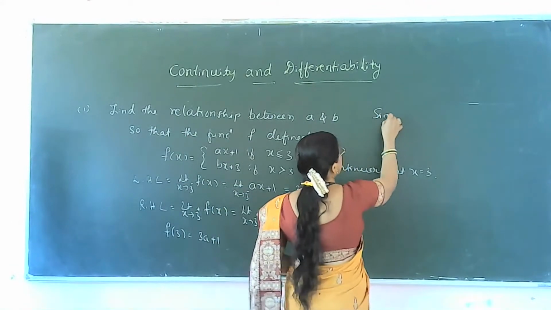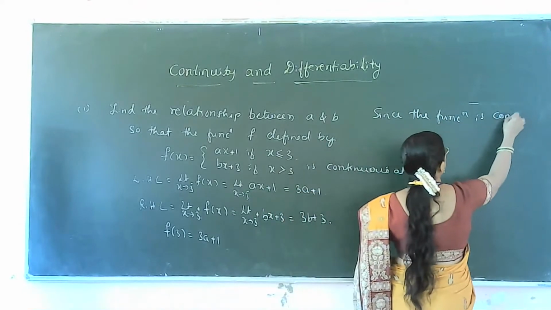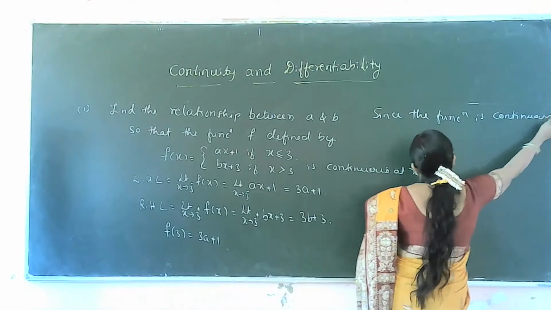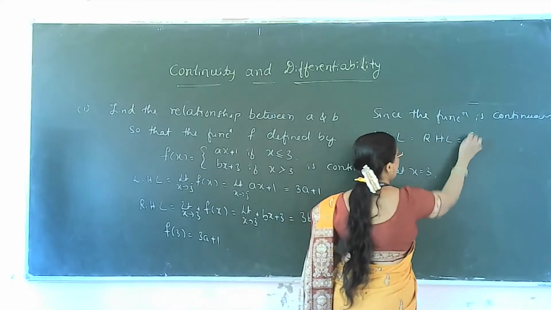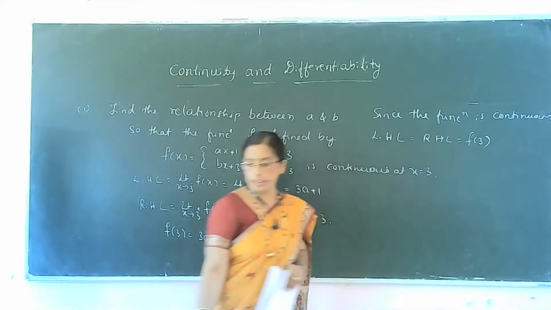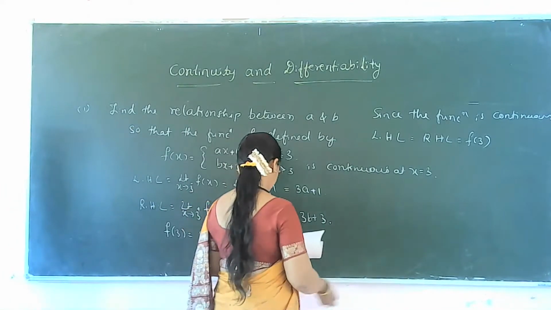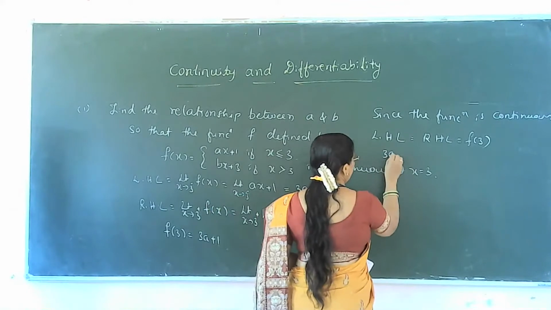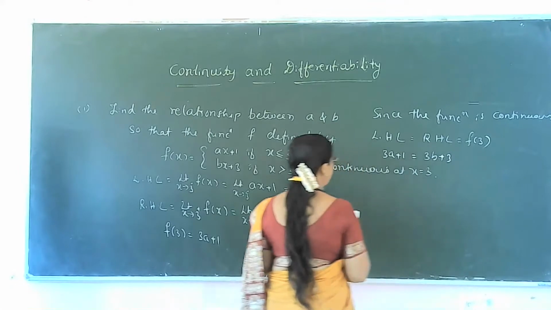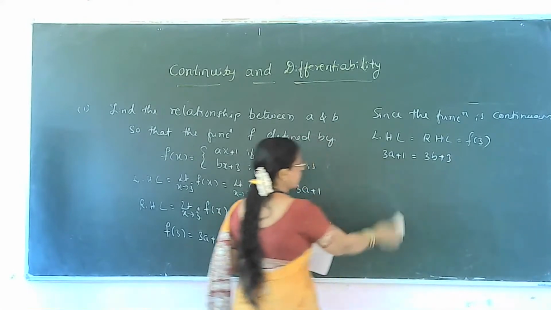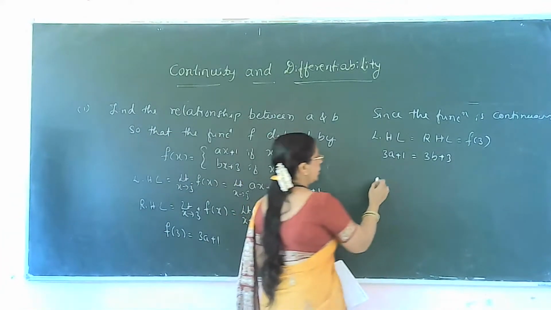Since the function is continuous, therefore LHL limit, RHL limit and f of 3 all are equal. We equate these 3, we get 3a plus 1 is equal to 3b plus 3.